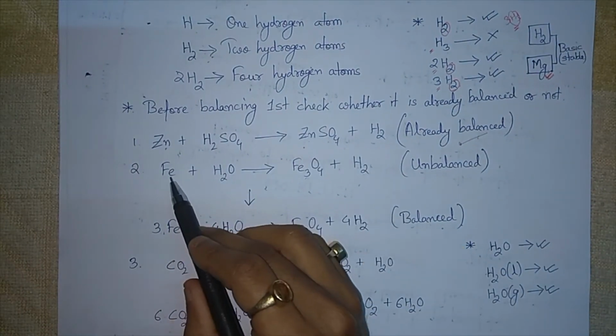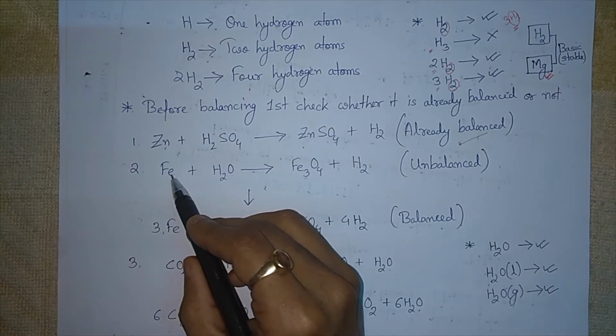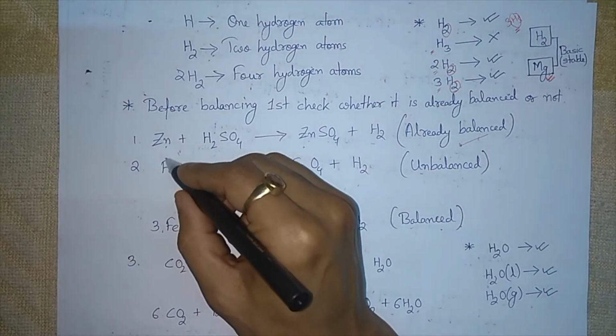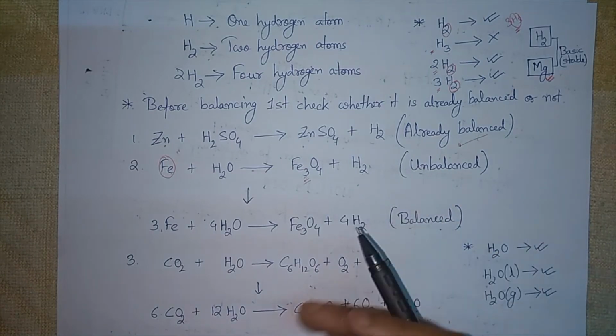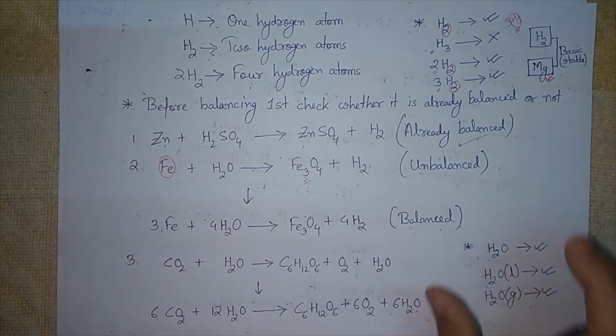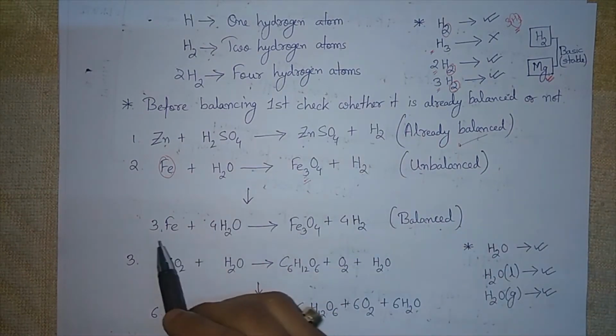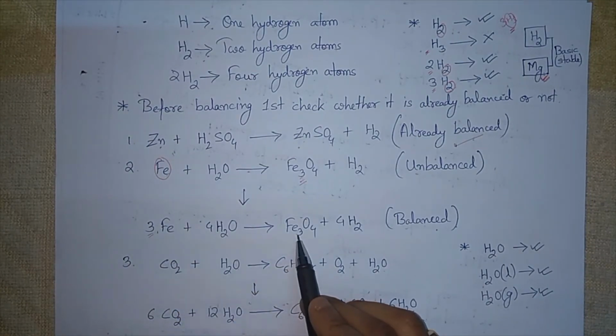But in this case, Fe is 1 on one side and Fe is 3 on the other. So it is unbalanced. No need to check the others. If one element is unbalanced, that means the whole equation is unbalanced. So if I put a 3 here, then iron becomes 3.